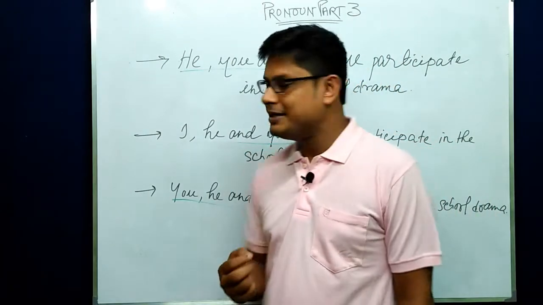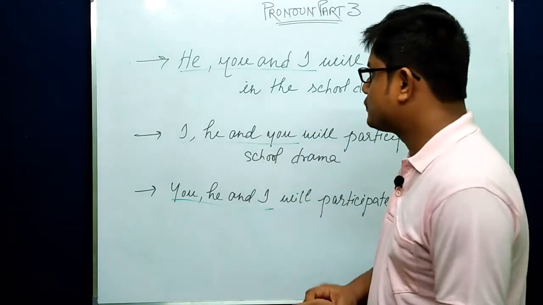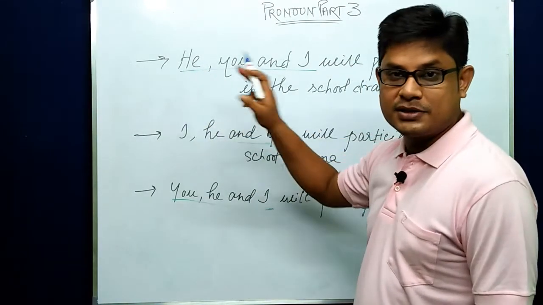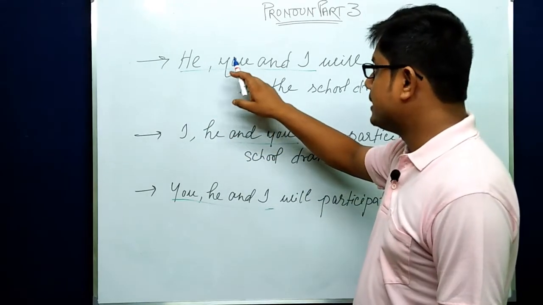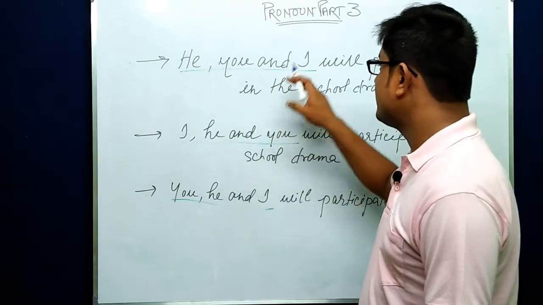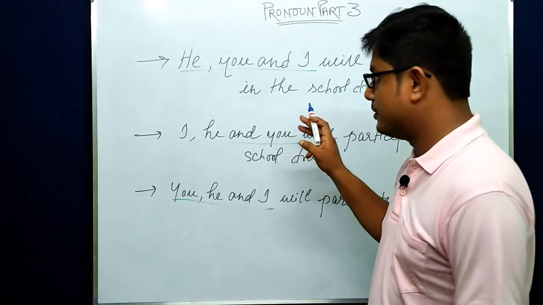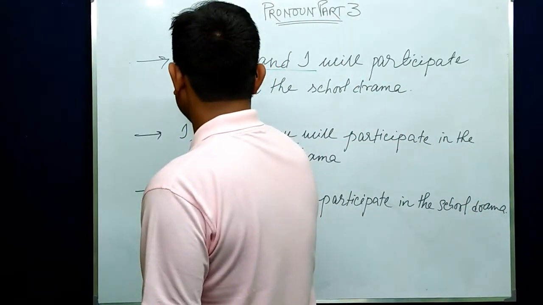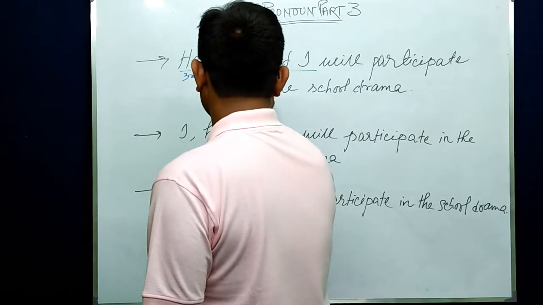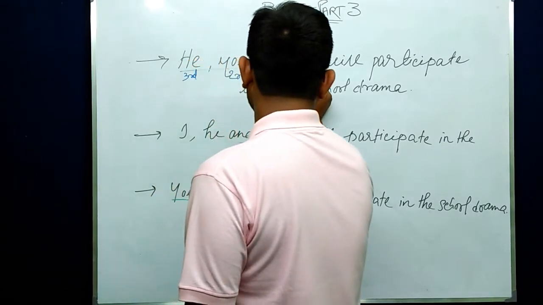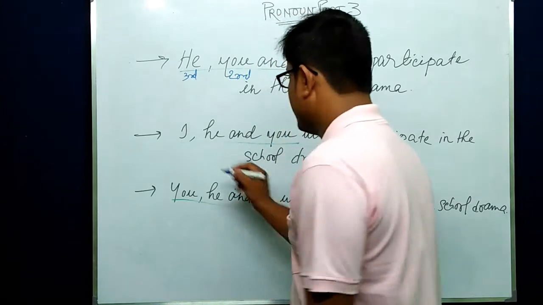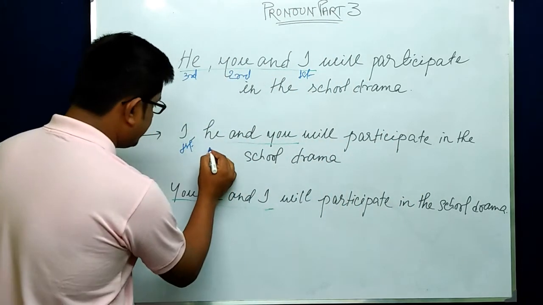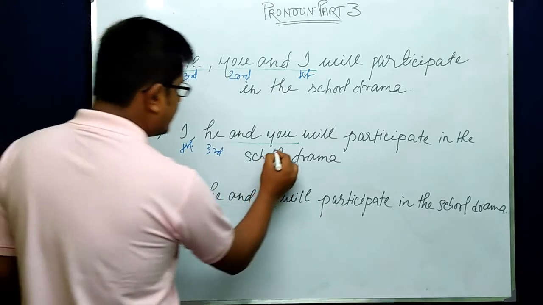See, in this sentence, first of all, the sentence starts with he, that means third person singular number, then you, second person singular number, and I, first person singular number, right? Then again, here it is first person, third person, second person.